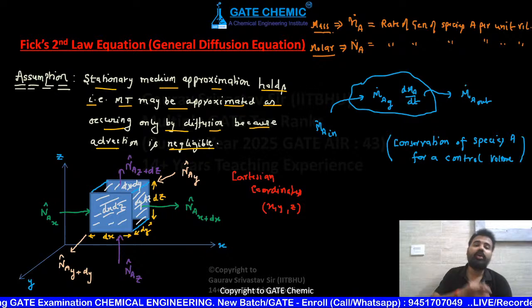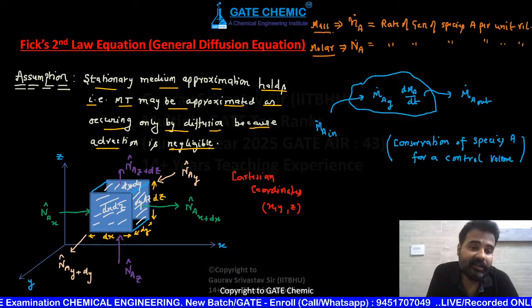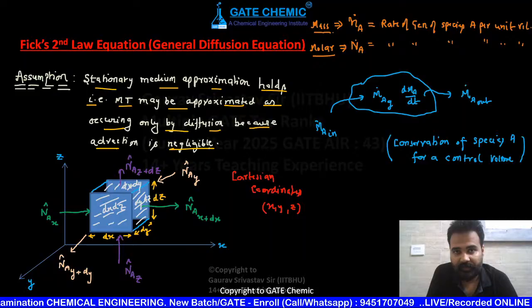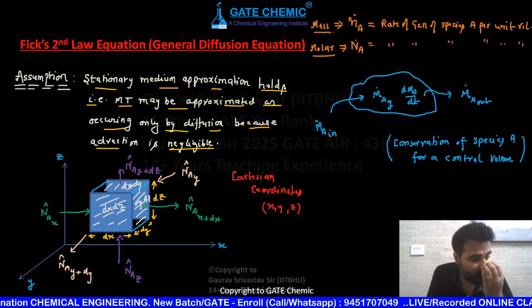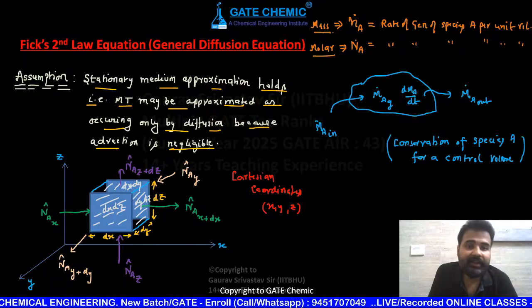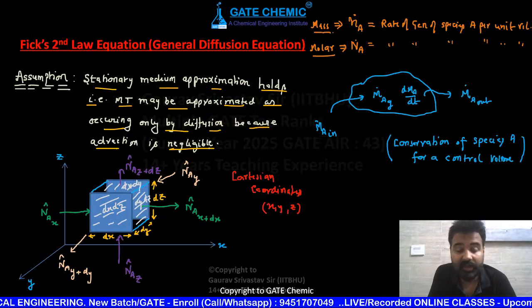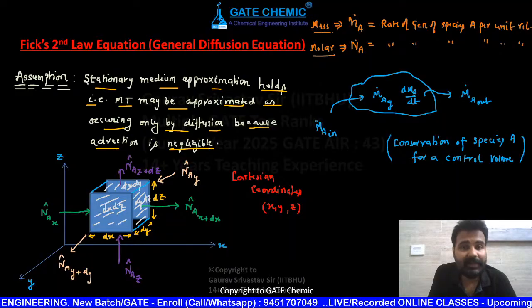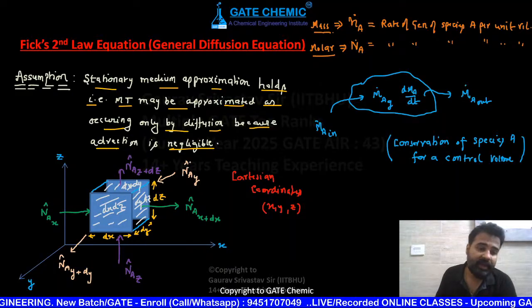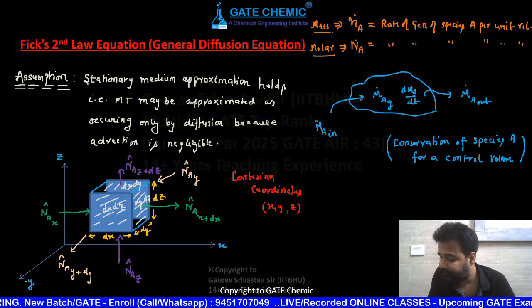Here we are not going to consider advection, the one associated with velocity. That's why we call the assumption the stationary medium approximation, because maybe in a few cases some advection may also be present. I hope the assumption is crystal clear to all of you. Tell me, is it clear to everyone?